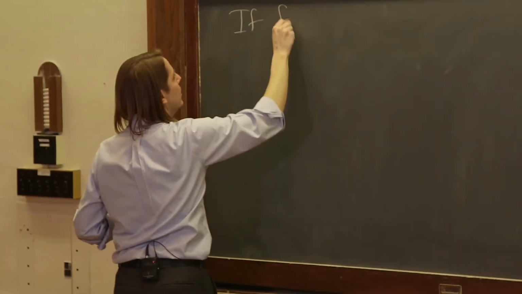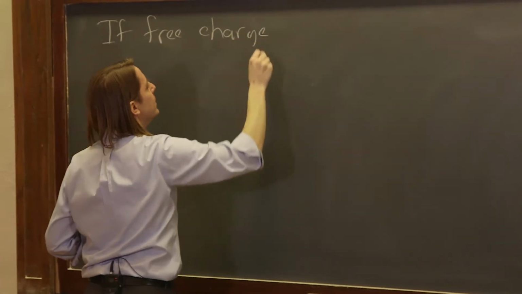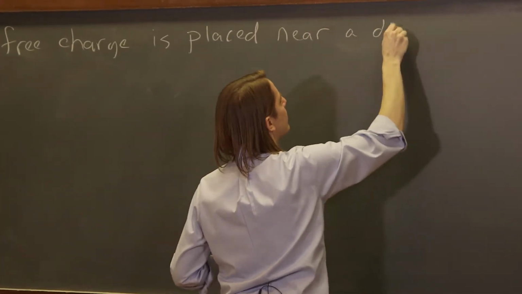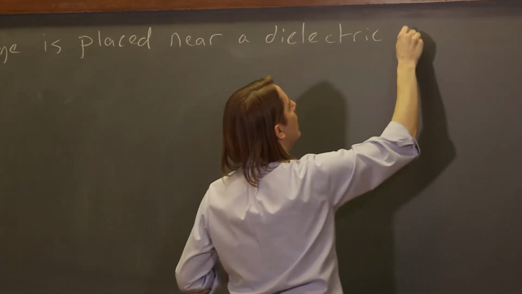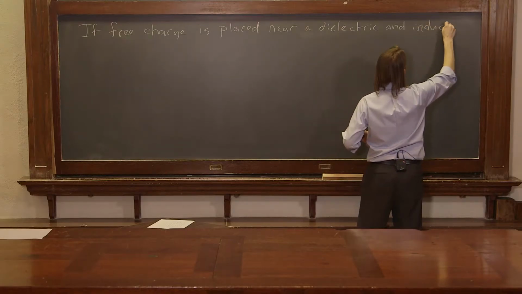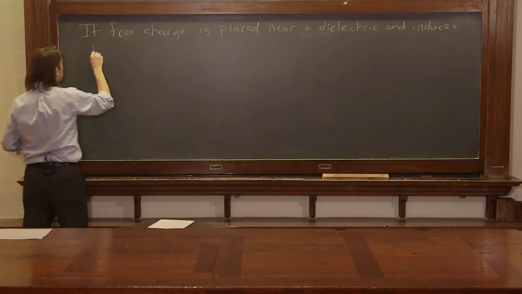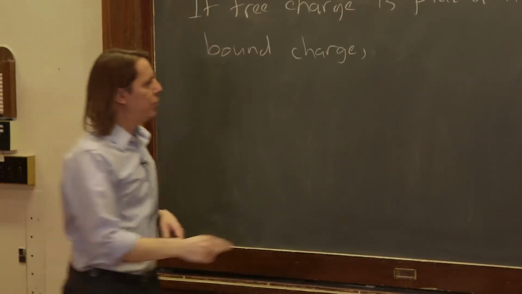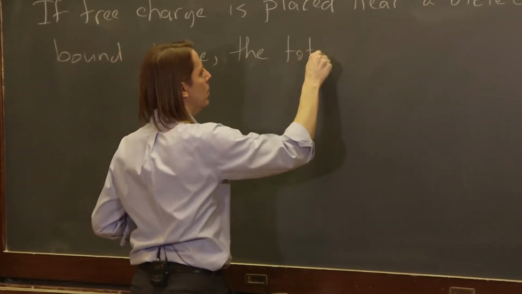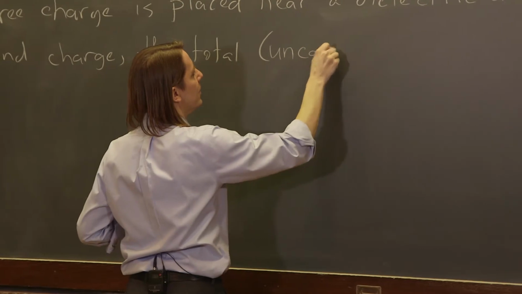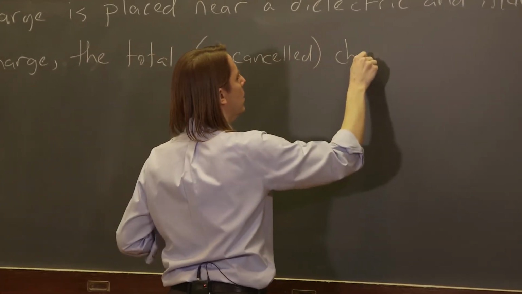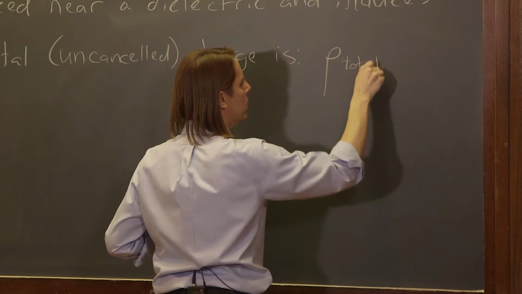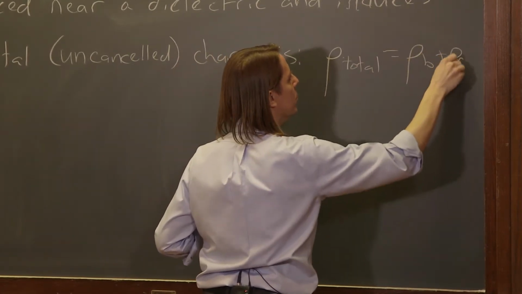If free charge is placed near a dielectric and induces bound charge, the total uncancelled charge is just rho total equals rho bound plus rho free.